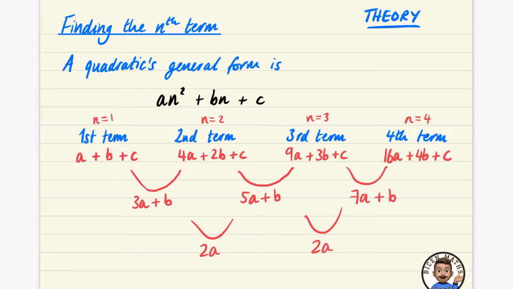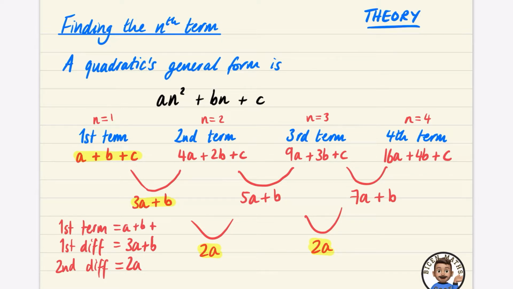So this is the first term, this is the first difference, and this is the second difference. You'll notice the second difference is always equal to 2a. The first difference of these first two terms is 3a plus b, and the first term is a plus b plus c.